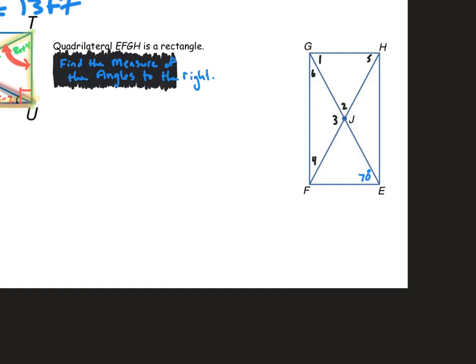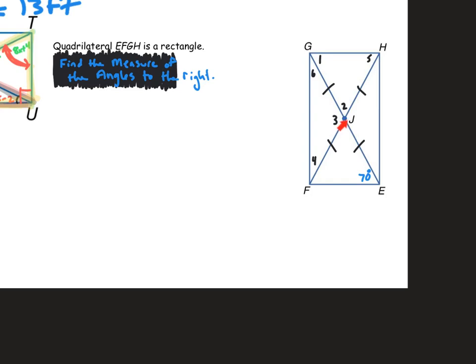Okay, I'm going to start off with what I know, and that is that these diagonals, GE and FH, they are congruent and they bisect each other. Well, since they're congruent and they bisect each other, I'm going to get all kinds of isosceles triangles in here.